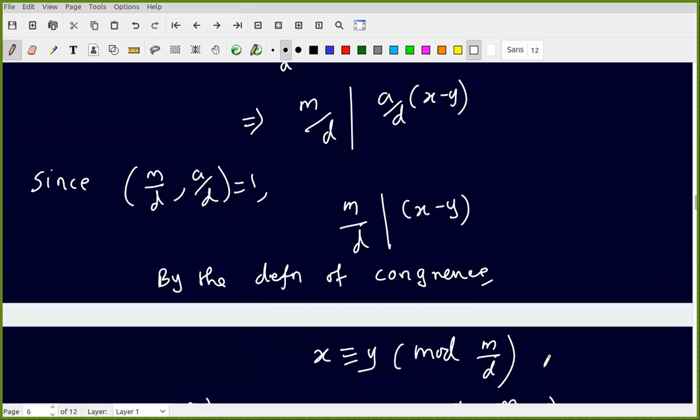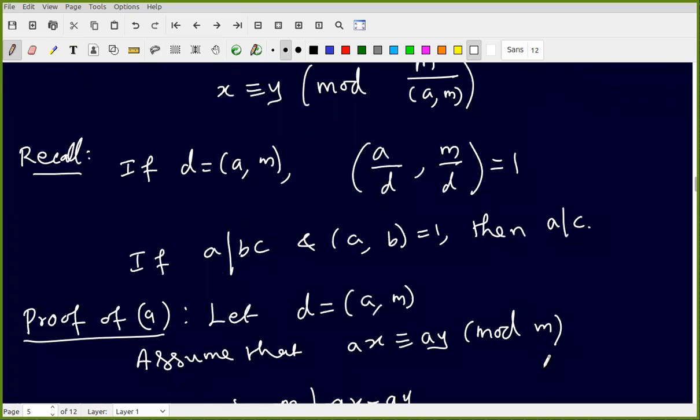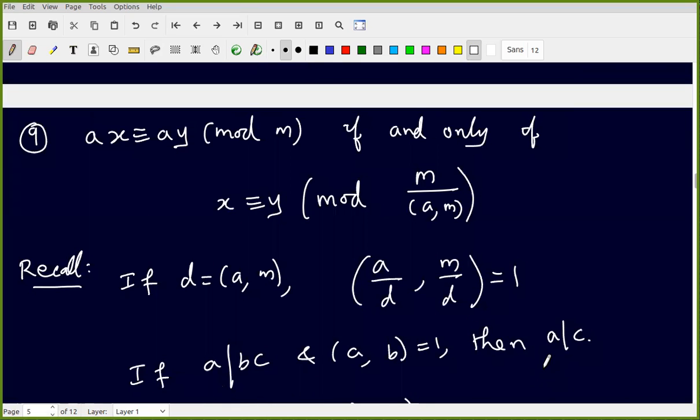So one part is proved. Now we will prove the converse part.